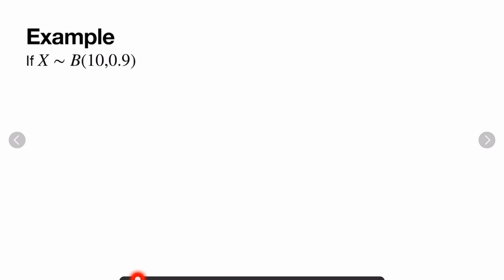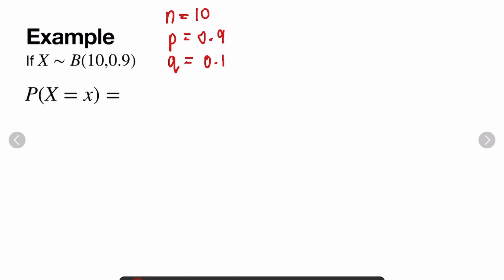Alright, now we have X has binomial distribution with N and P. N is 10, P kita 0.9. Kalau Q berapa? 0.1.